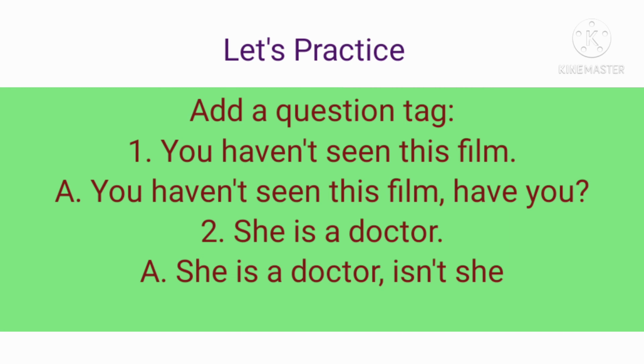We will write a negative tag. So which is the helping verb that has come? Is. Is will become isn't in the tag, so contracted form, and pronoun we will add after that, that is she. So look at the statement now. She is a doctor. Isn't she?